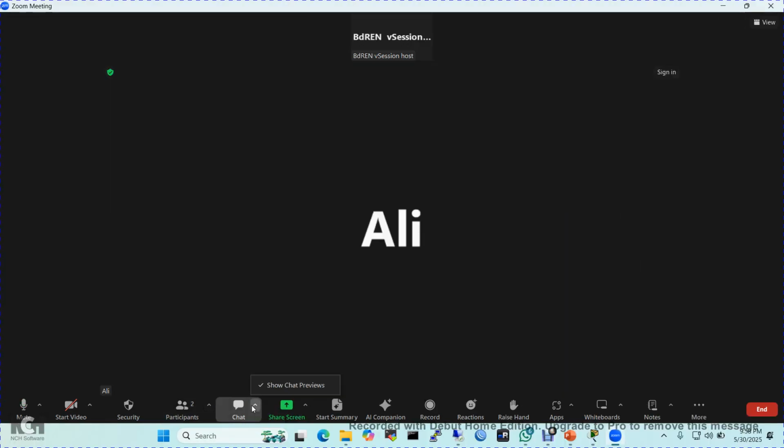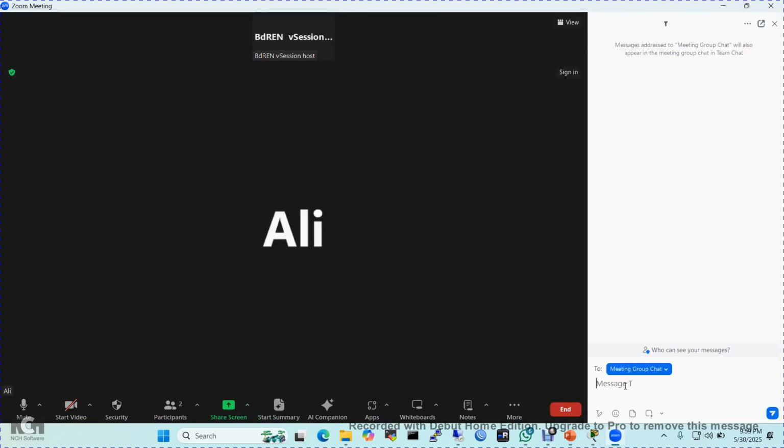I am sharing through chat. You see my chat. Now I am sharing my screen. You will get this view option.